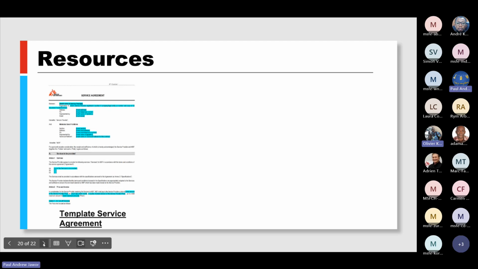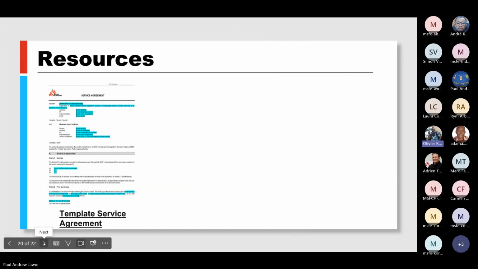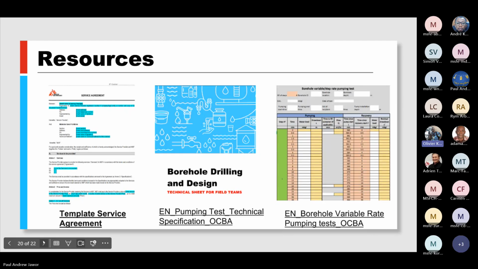Then there are the OGBA pumping test specifications which we have developed, which we encourage all of our teams to use. We also have the technical specifications for the drilling, detailing a little bit what we want our teams to use, and those are the 3 main sheets which go with the test.